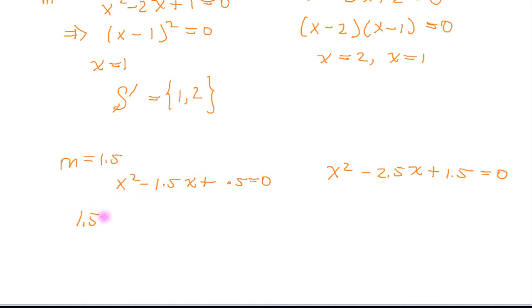1.5. And I'm going to do it a little faster because it takes a lot of time. 1.5 squared minus 4 times 0.5 over 2.